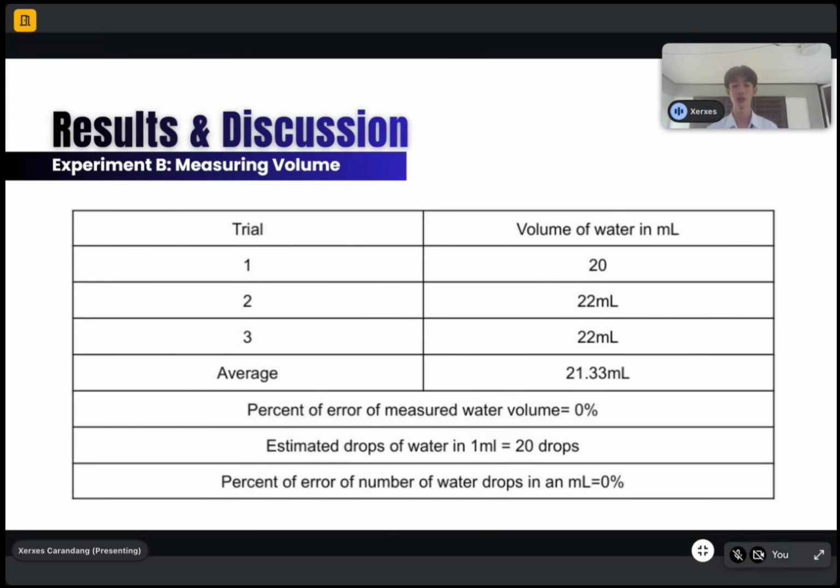For trial 2, we got 22 ml. And for trial 3, we also got 22 ml, with an average of 21.33 ml. Percent error of measured water volume is equal to 0%. Estimated drops of water in 1 ml is equal to 20 drops. Percent error of number of water drops in an ml is equal to 0%.